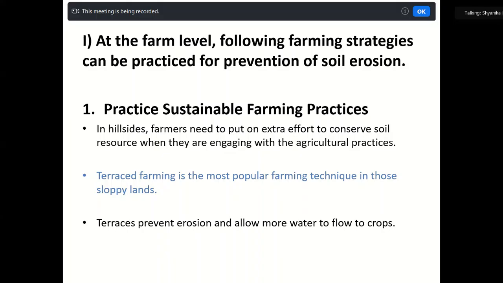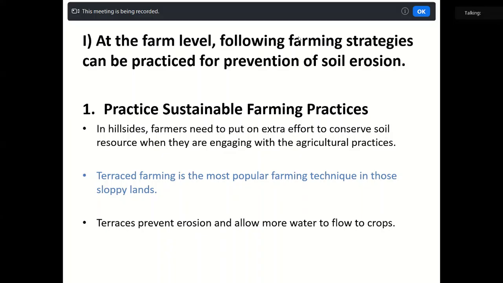What is SALT? SALT means Sloping Agricultural Land Technology, right? They are different practices combined and applied, right? And here we cultivate the crops in the contour lines, and then tree lines, tree bands along the contour lines, right?